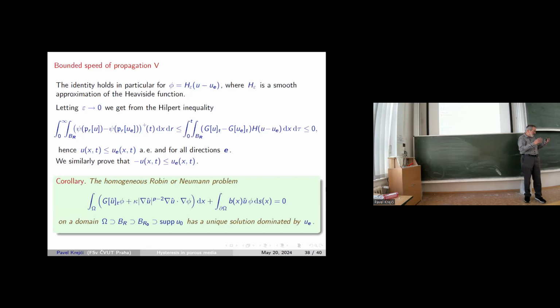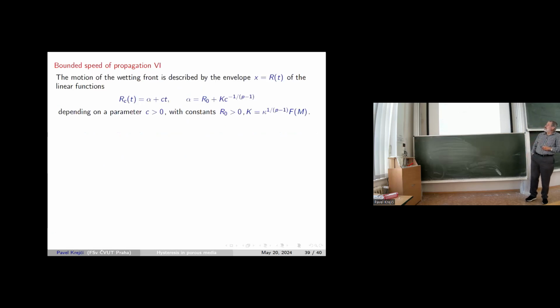So the support of the solution remains in the bounded ball in every direction. And now, as I already said, we get the same for the Dirichlet or Neumann problem, if we take omega sufficiently large so that the ball, where the boundary conditions are, is inside.